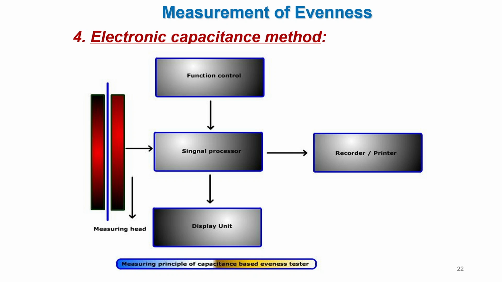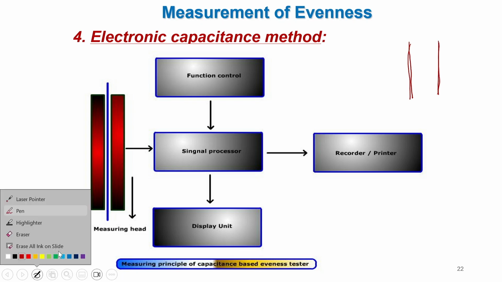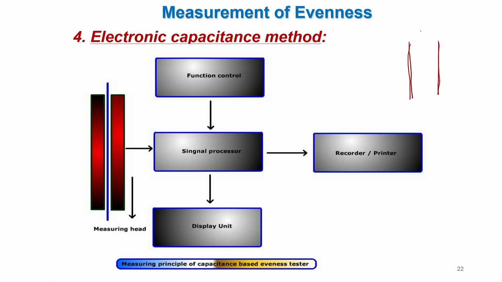In the capacitance method, there is a parallel plate capacitance, and this is the capacitance plate. The sliver or any uneven material is moving through this.